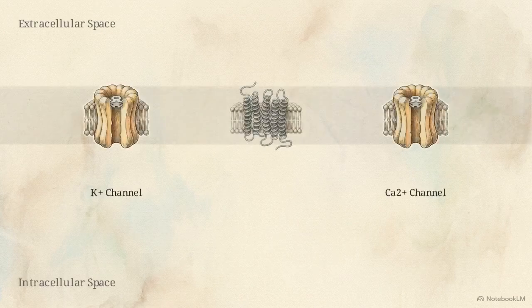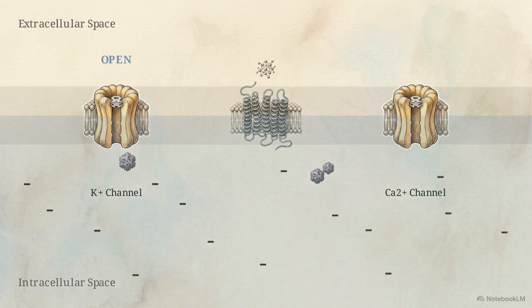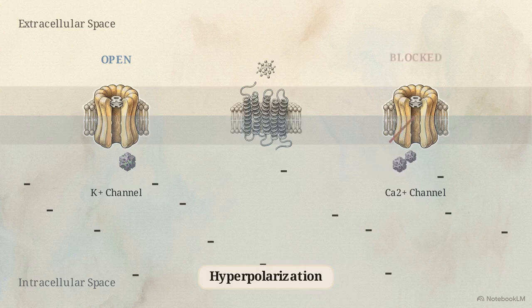The process starts when the receptor and opioid ligand interact, activating the associated G protein and causing it to physically split into distinct subunits. In the first parallel action, the separated G-alpha subunit directly alters potassium channel conductance, triggering an efflux of potassium ions from the cell. This rapid outward shift of positive ions drives the cell membrane into a state of profound hyperpolarization.